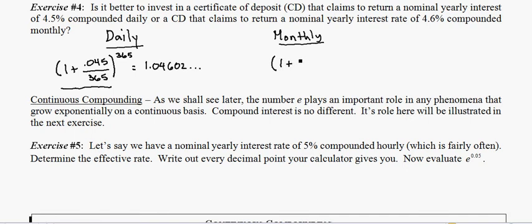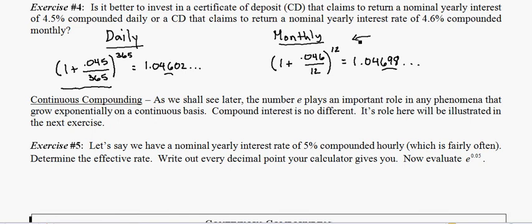It's going to be 1 plus 0.046 divided by 12. That's what I'm going to multiply by every month, but then I'll raise it to the 12th to turn it into a yearly multiplier. And that's 1.04698, etc.